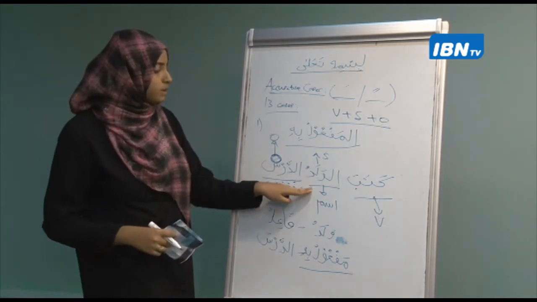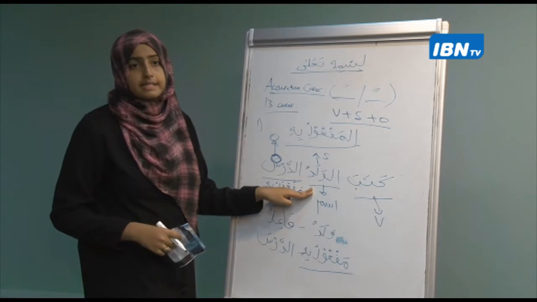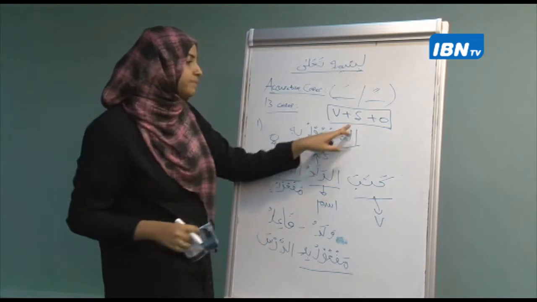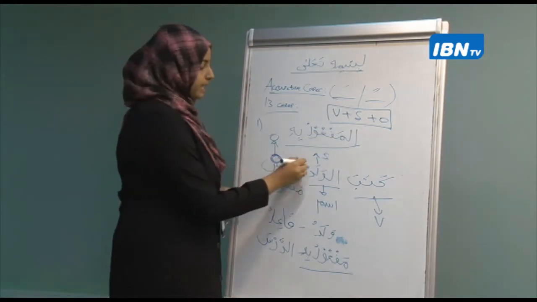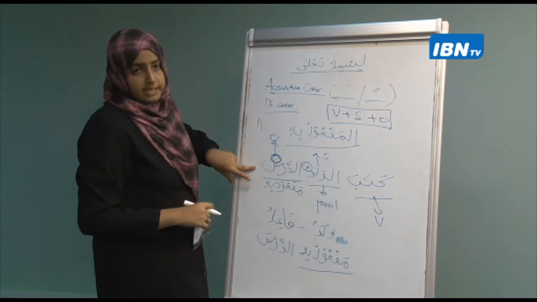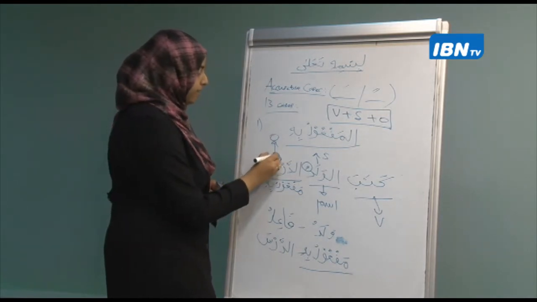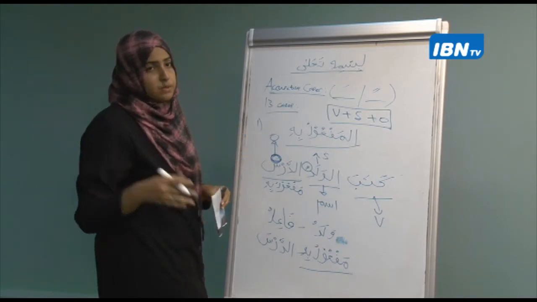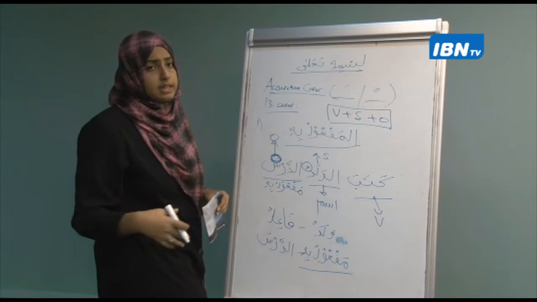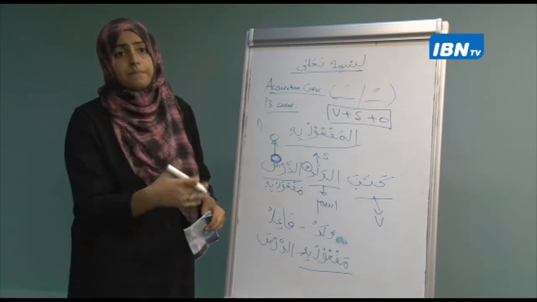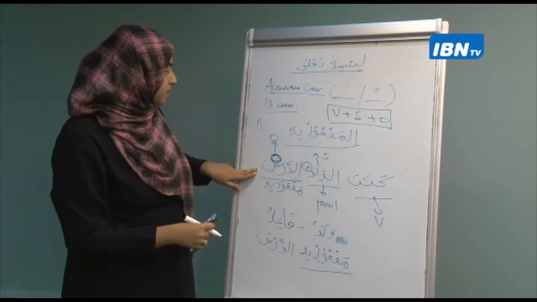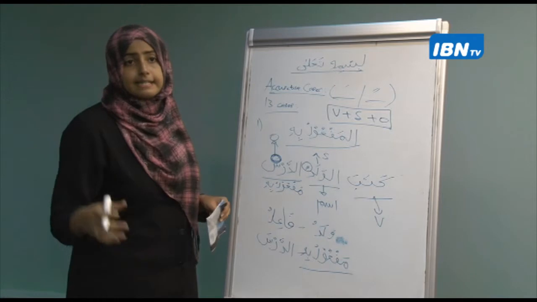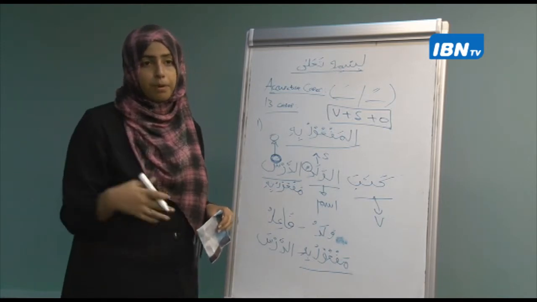What did I say about the subject? In a sentence structured like this, the subject will always carry the nominative. The object, on the other hand, will carry the accusative. In the beginning stage I did not want to bring in the maf'ul bihi, but now since you're moving on to advanced, this object is called the maf'ul bihi. It is the object which is being acted upon, right?